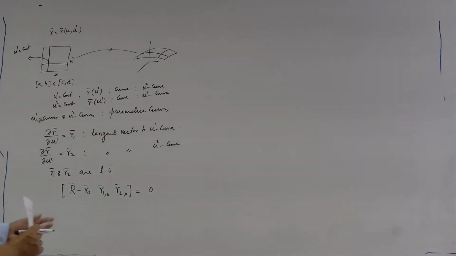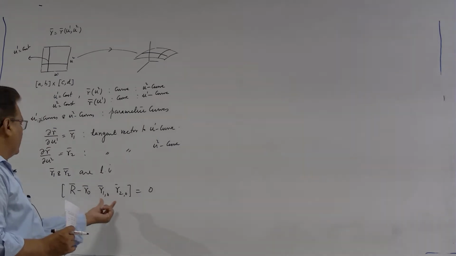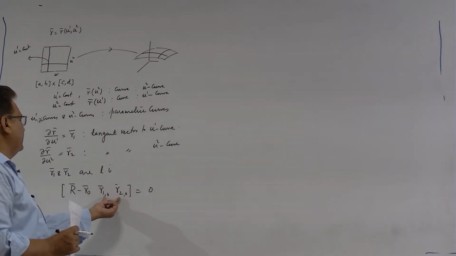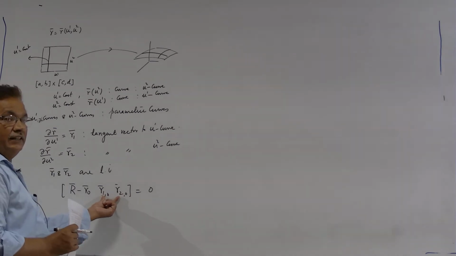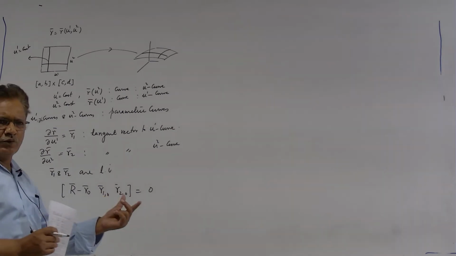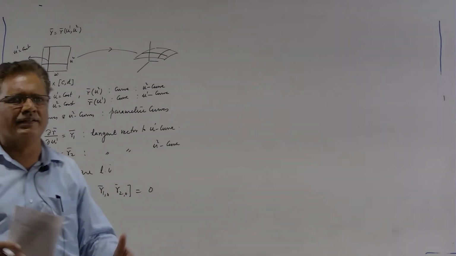So, these three vectors are coplanar, whereas these two are linearly independent. What we observe from this equation is that r1 and r2 are the basic vectors which generate the tangent plane, because any two linearly independent vectors lying in a plane can be taken as a basis.